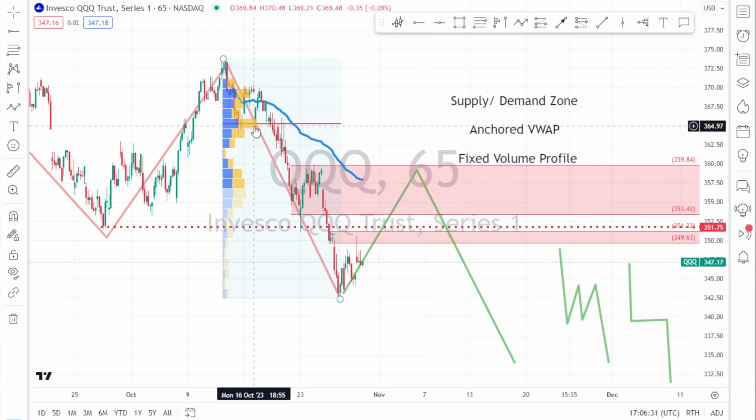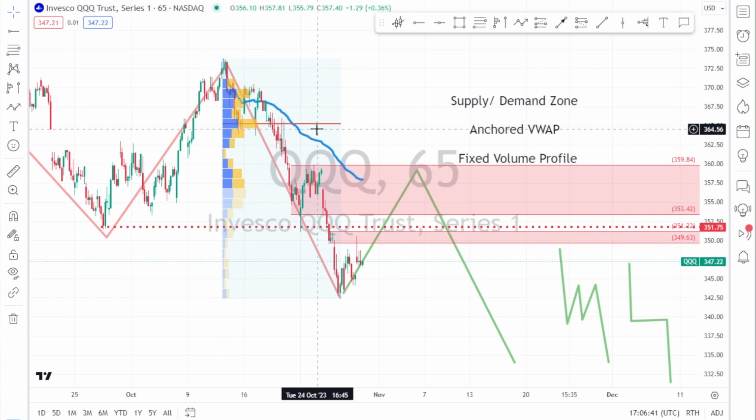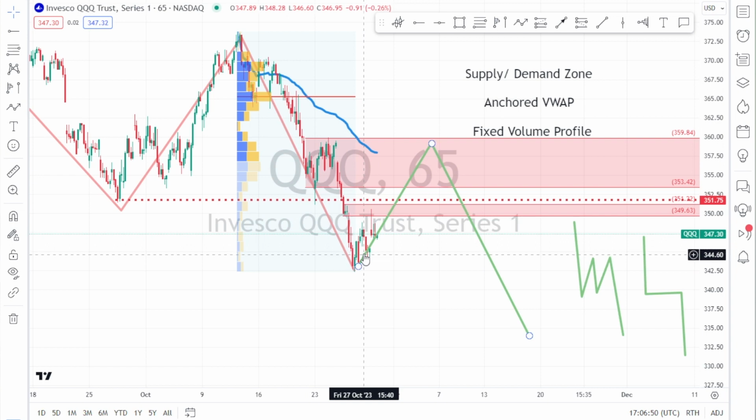What you can see when you look at this volume profile is that most of the volume that traded in this move traded at the top of the move as it transitioned over. That gave us a POC right here at about 365.25.